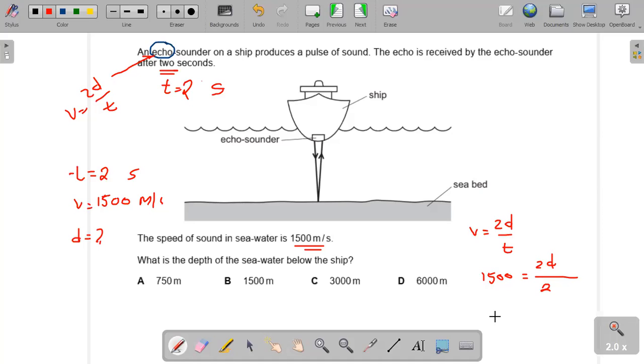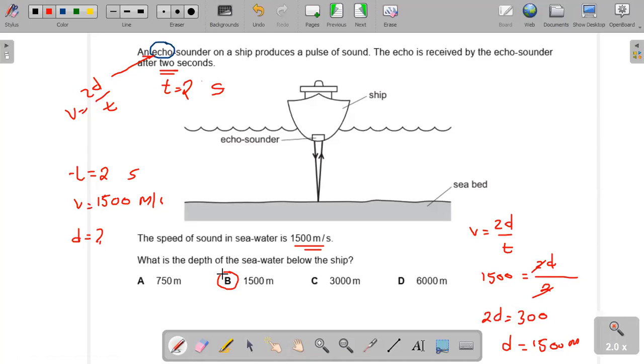So 2D equals 3,000, or we can directly cancel the 2 with 2, so D equals 1,500 meters. The answer is B. So the correct answer is that answer.